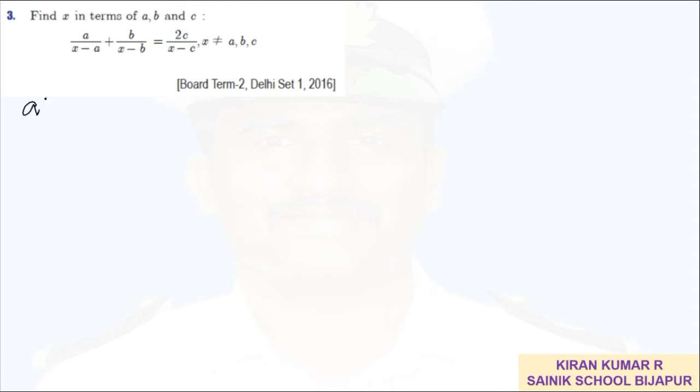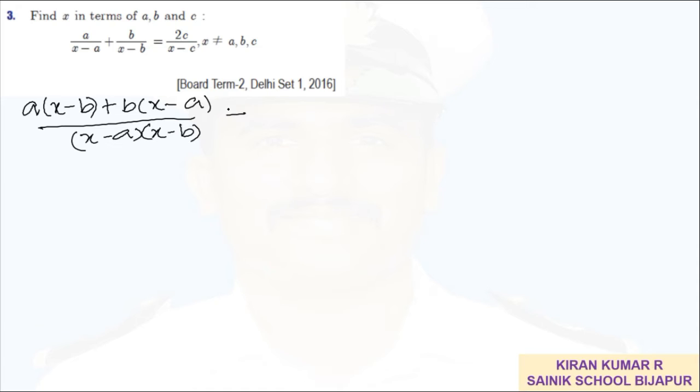So a has to be multiplied with x minus b, plus b has to be multiplied with x minus a, divided by x minus a into x minus b, equal to 2c divided by x minus c.